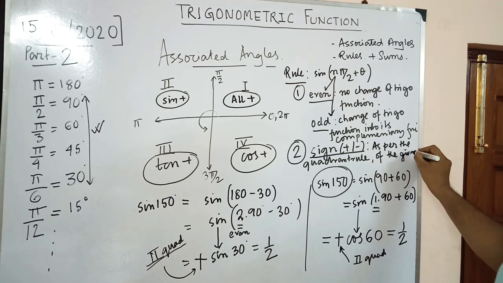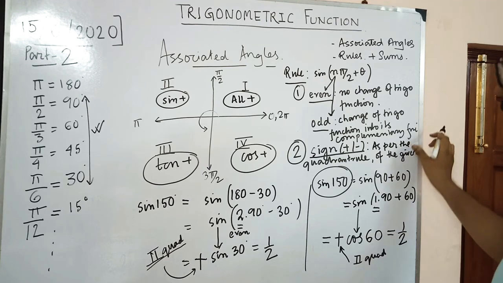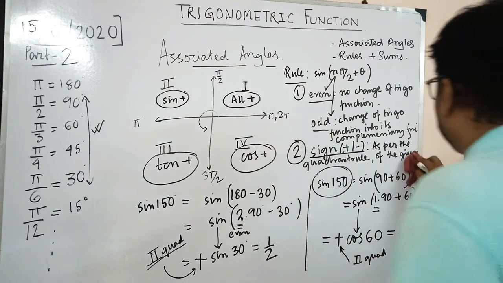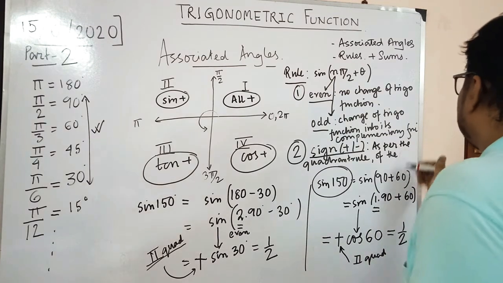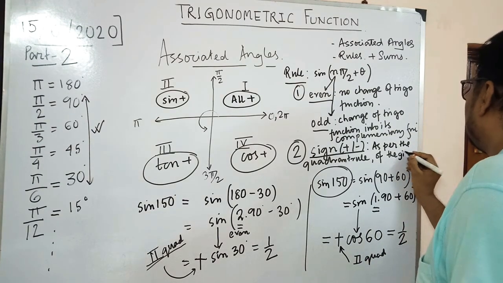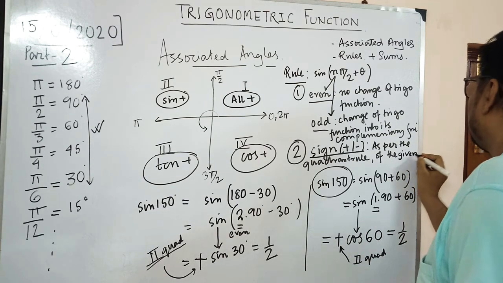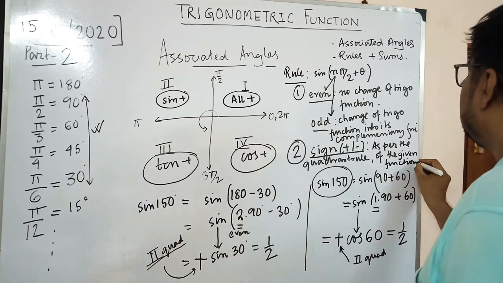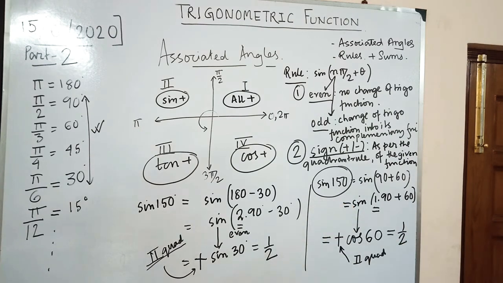That means the given function. Here sine is the given function, so its sign will be considered. So these are the two rules. I will show you a second example so that it will be much more clear to you.